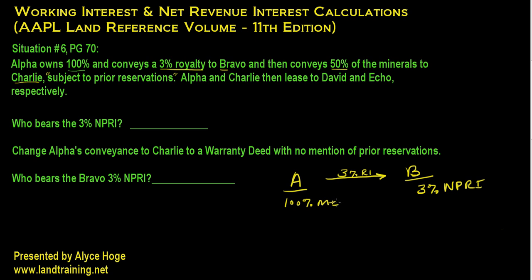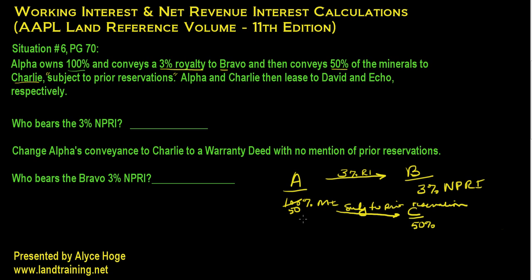But then A conveys 50% of the minerals to Charlie. So that means A has 50%, and now Charlie has the other 50% of the minerals. But he also says subject to prior reservations. Very important.